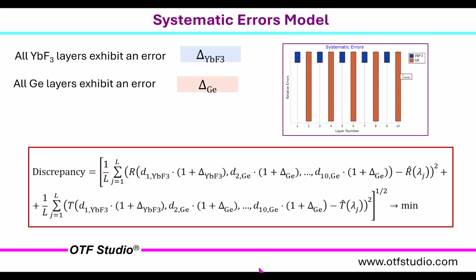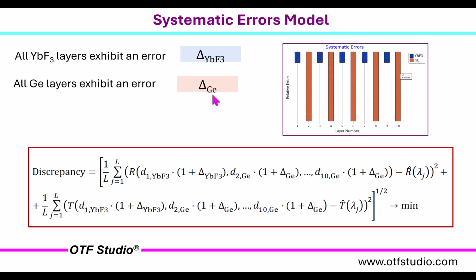In this reverse engineering problem, a systematic errors model can be applied. This model assumes that all terbium fluoride layers exhibit the same error, delta terbium fluoride, and all germanium layers also exhibit the same error, delta germanium.